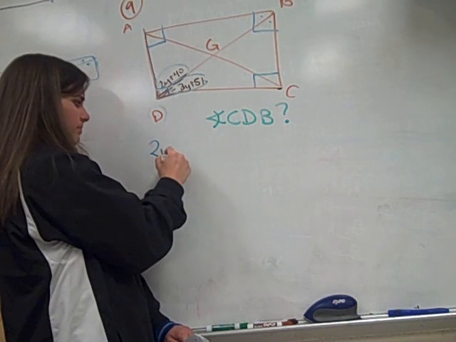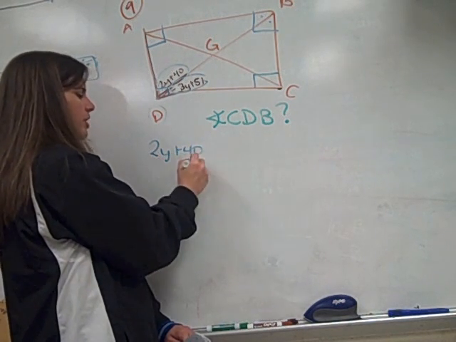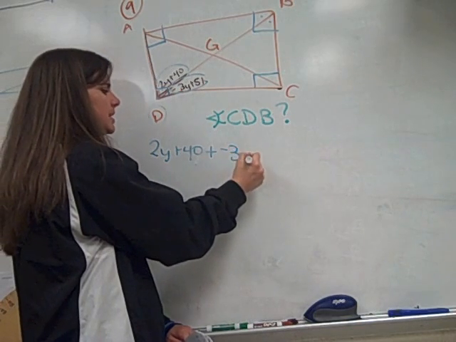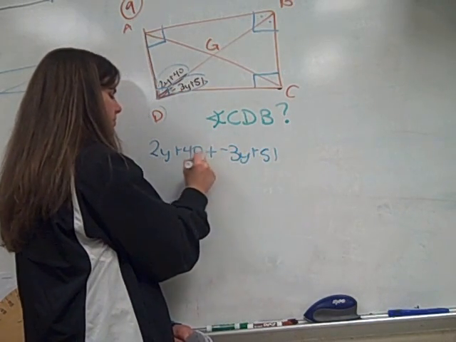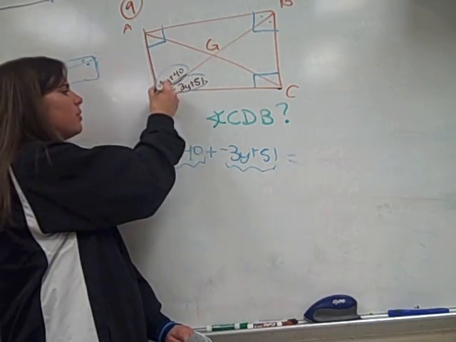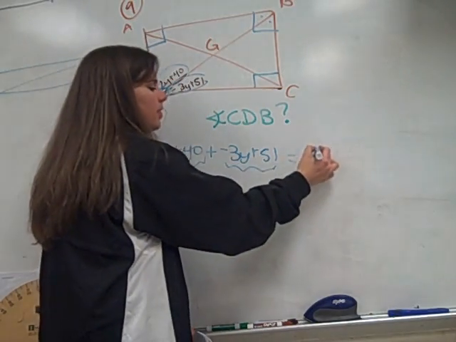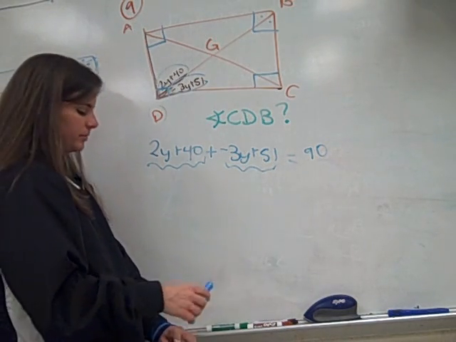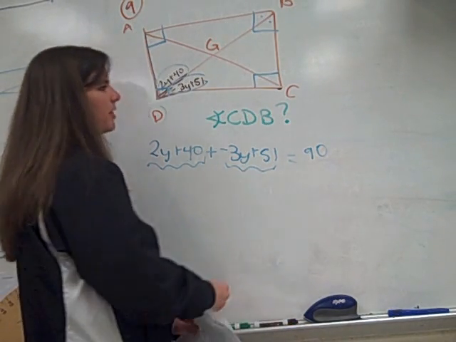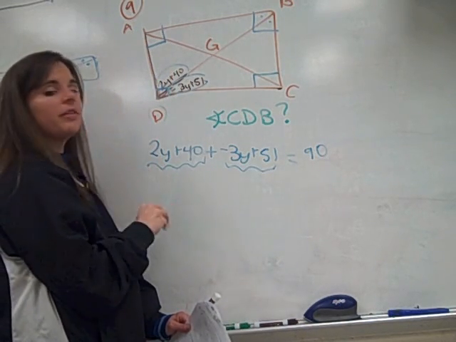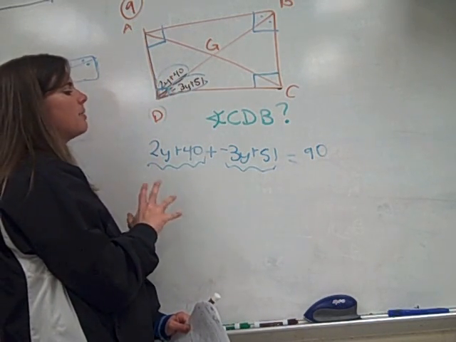For this problem, there's one of your angles. You're going to add this other angle. And then what is the total going to equal? What's the whole thing? Your total is 90 because it's a rectangle. So it's very important that you put these pieces of information on your picture. Put them on there. Okay.